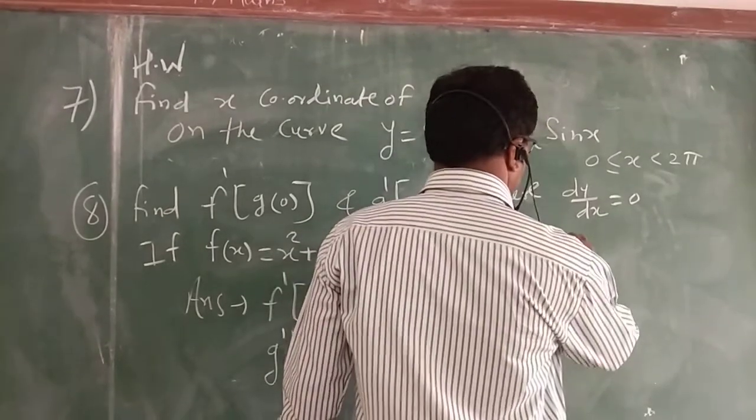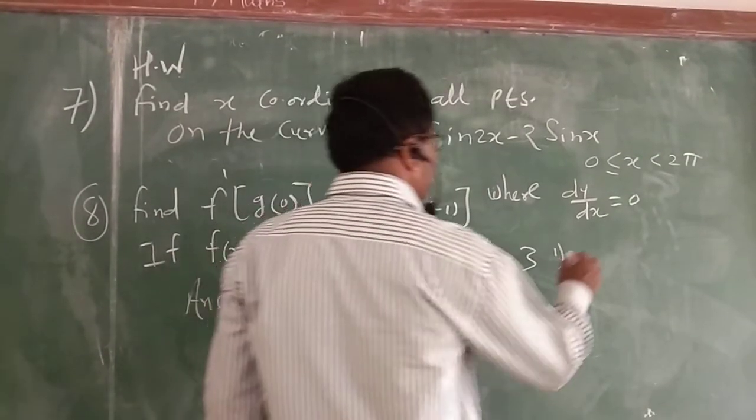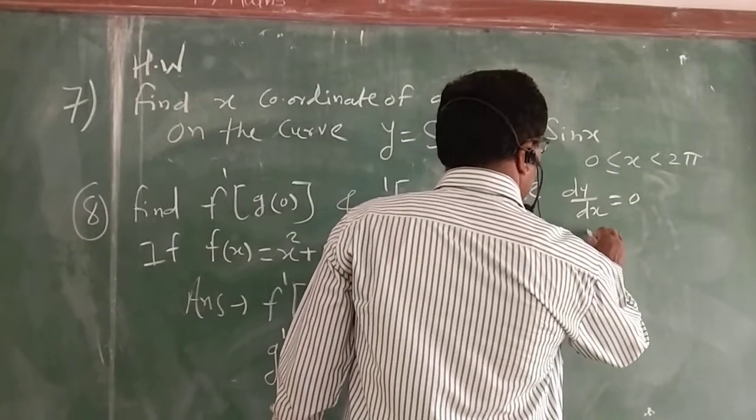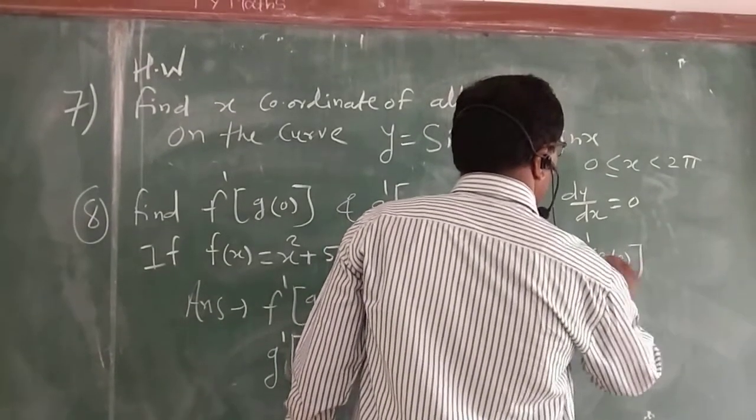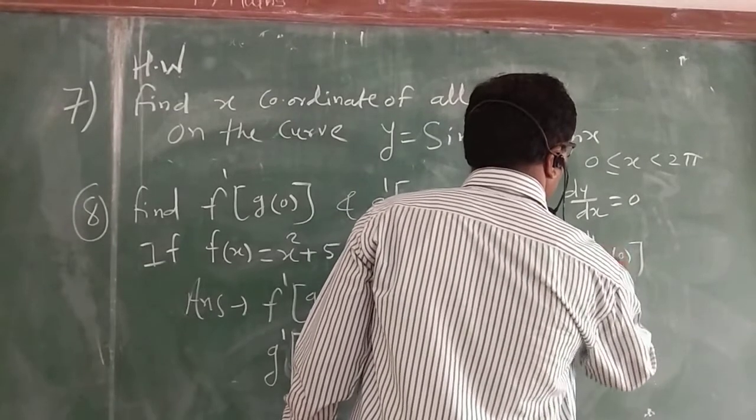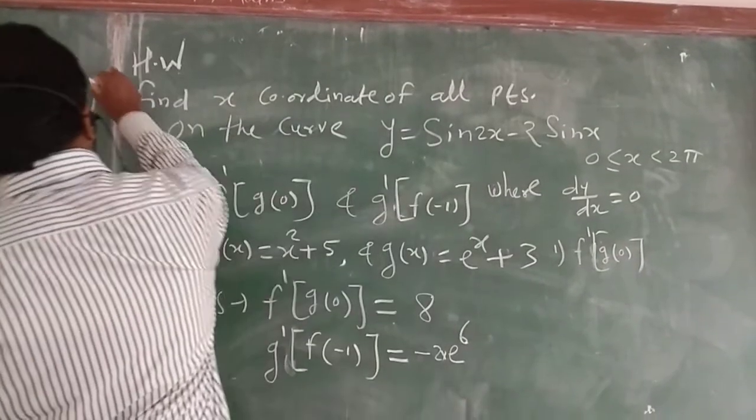First one, we have to find f dash g of 0.